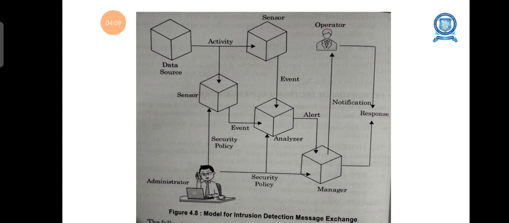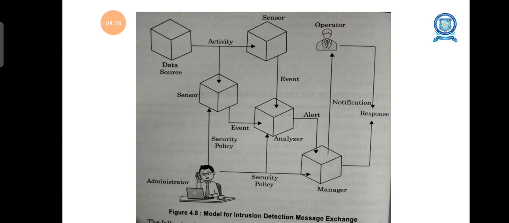So whenever an intrusion activity occurs, the sensor will sense it and the analyzer will identify the intrusion activity, and it will give the alert about the intrusion to the manager. Manager will follow the security policies generated by the administrator, and the manager will take the necessary actions for the intrusion.